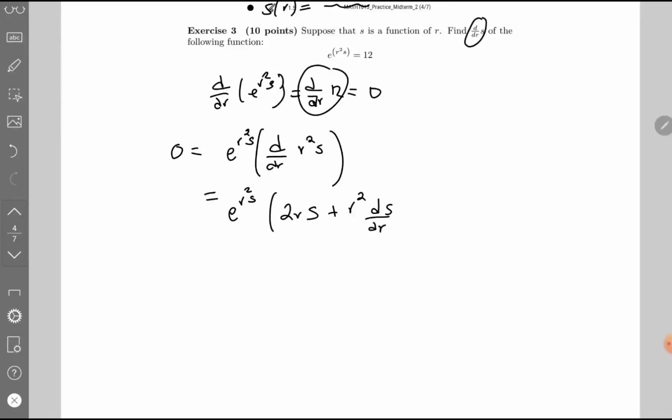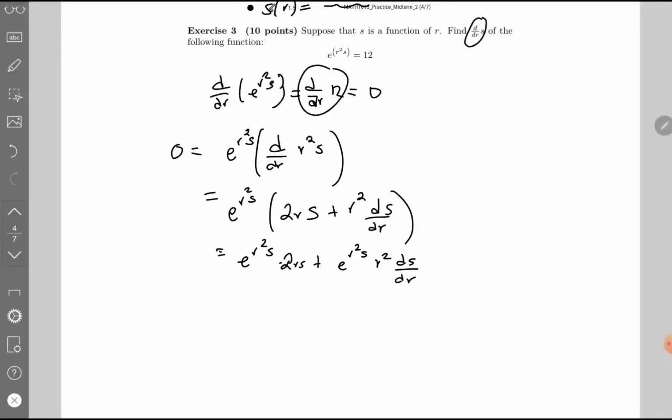So I'll have to take the derivative of s with respect to r. And this is where this becomes a derivative in itself. And so what we end up getting is e to the r squared s times 2rs plus e to the r squared s r squared ds/dr.